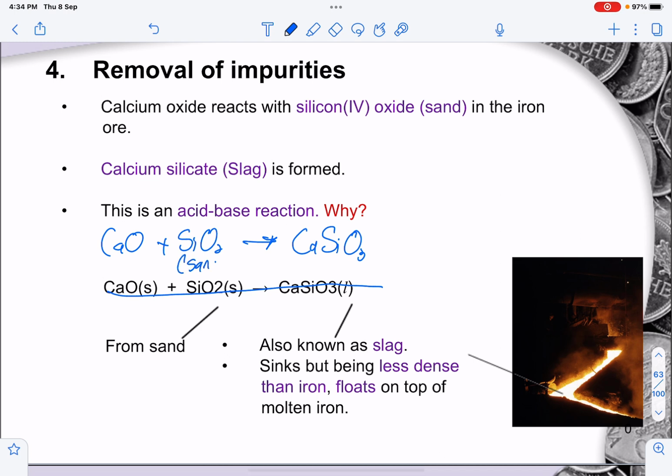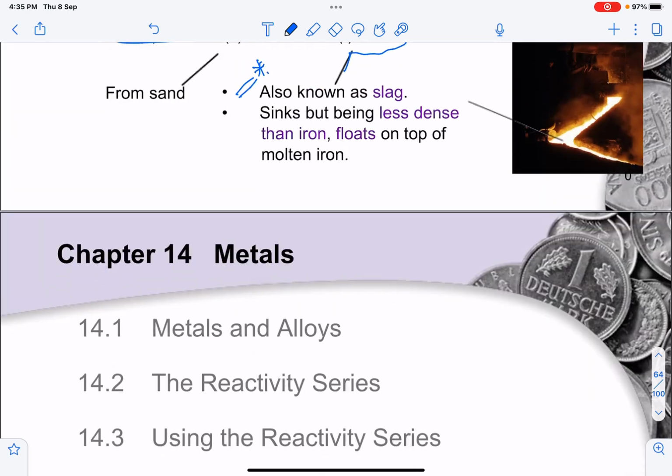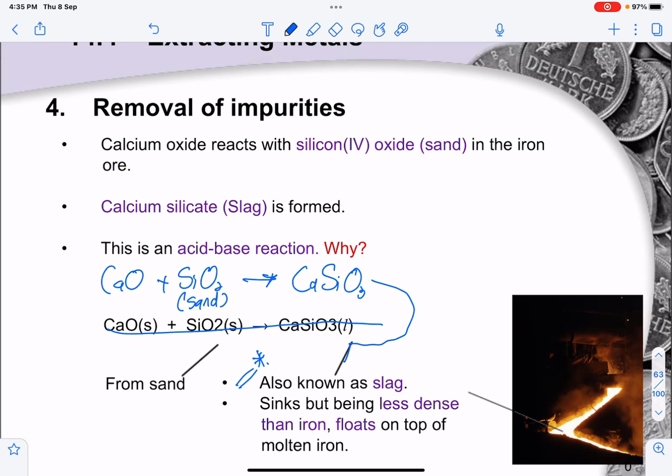What we can see is that this slag is less dense than iron, therefore it will float on top of the iron. This is important because sometimes in exams they ask the relative positioning of where the iron or your slag is extracted from. So this generally comes out as the whole equation that you will need to remember.